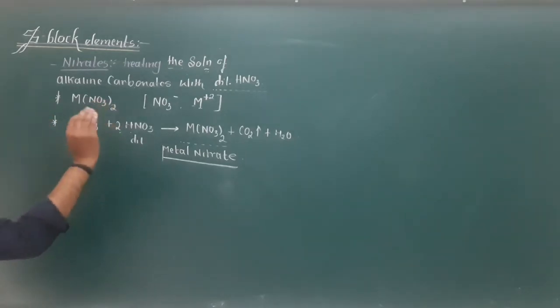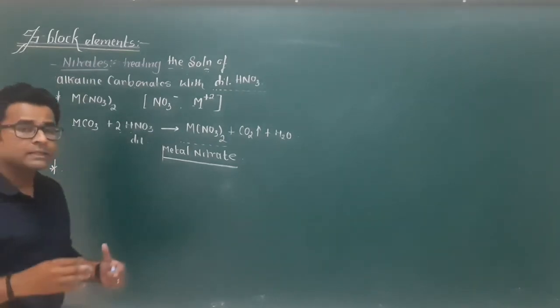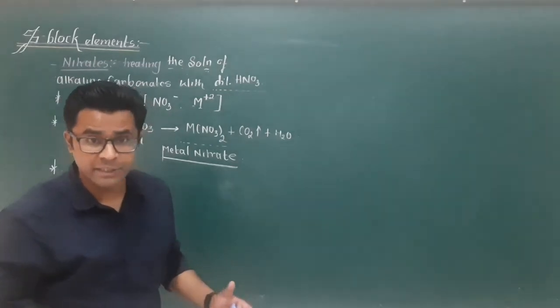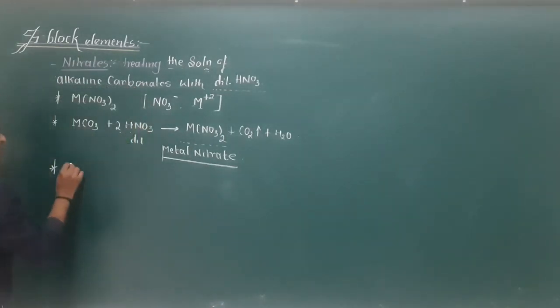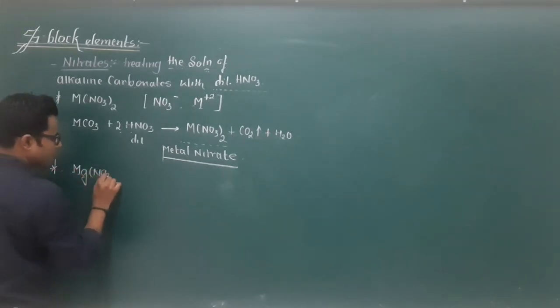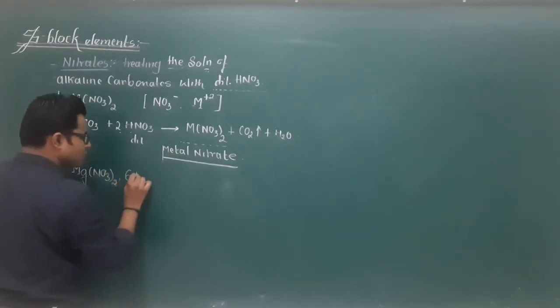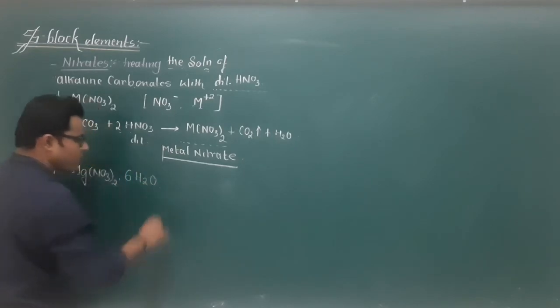Now, usually the metal nitrates of these alkaline earth metals are formed in hydrated conditions. If we take Mg(NO3)2, this compound is available in the hydrated condition as .6H2O.